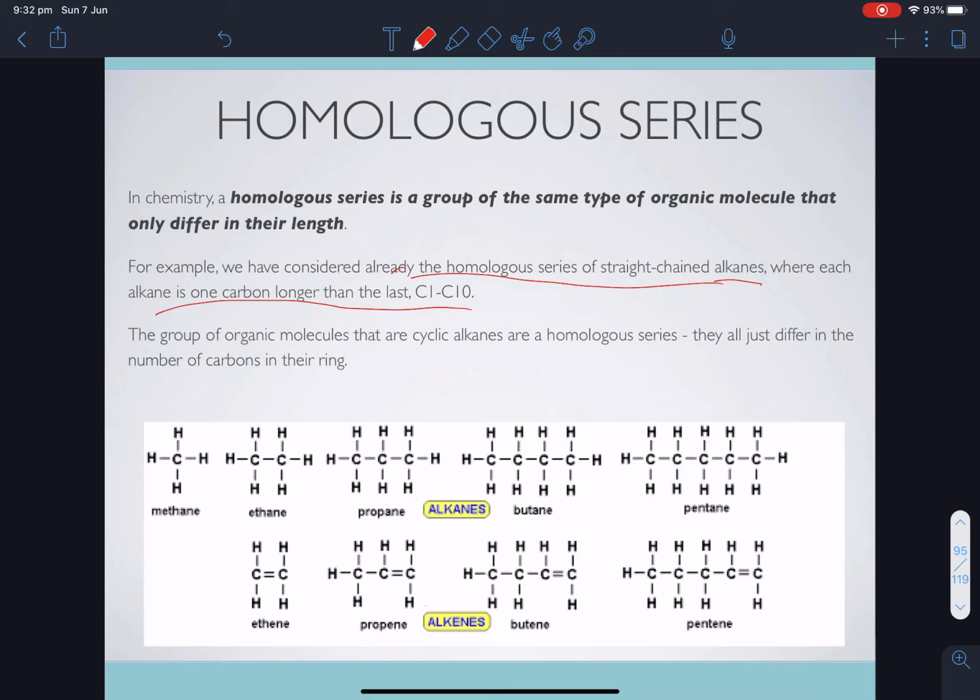A group of organic molecules that are cyclic alkanes are also another homologous series. They're the same kind of structure, but they just differ in length.